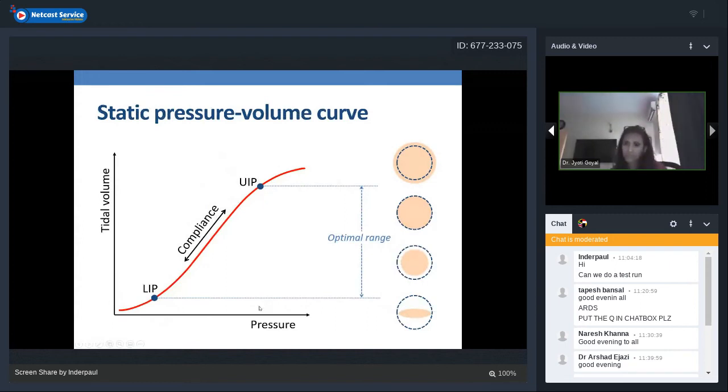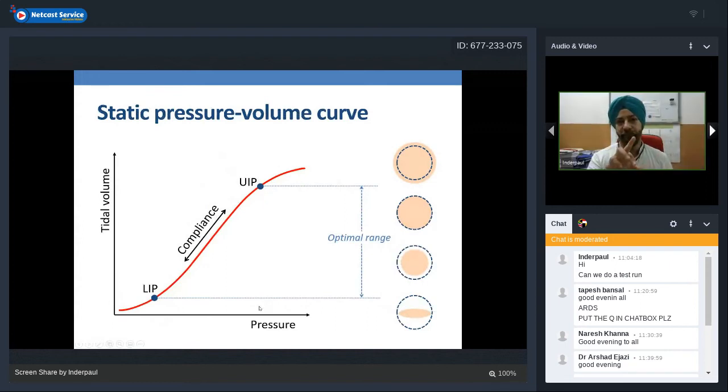Then I had shown you the pressure volume curve in my previous slide. When we did a recruitment maneuver, we got a pressure volume curve. So what is a pressure volume curve? Basically it is increasing the pressure gradually and seeing what happens to the delivered tidal volume. At low pressures, most of the alveoli will be collapsed.